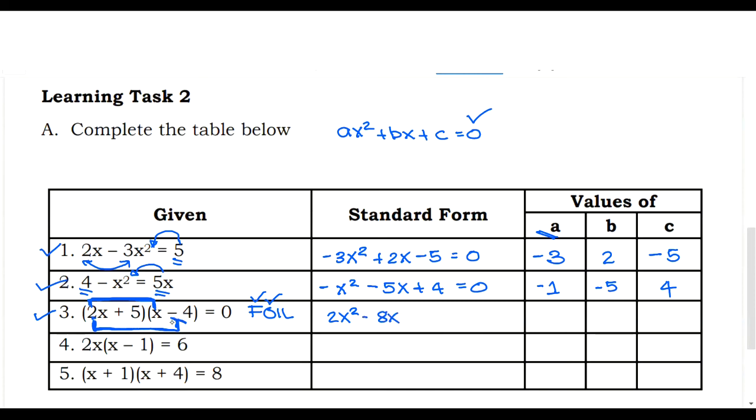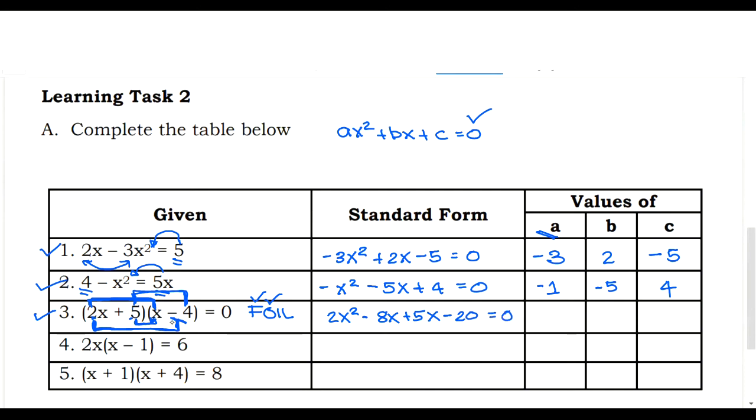And then inner terms, yung parehong nasa loob, ito yon. Okay, so you have positive 5 times x, you'll get plus 5x here. And then lastly, you need to multiply the last terms. Ito yon. Okay? So what is positive 5 times negative 4? You will get negative 20 equal to 0.